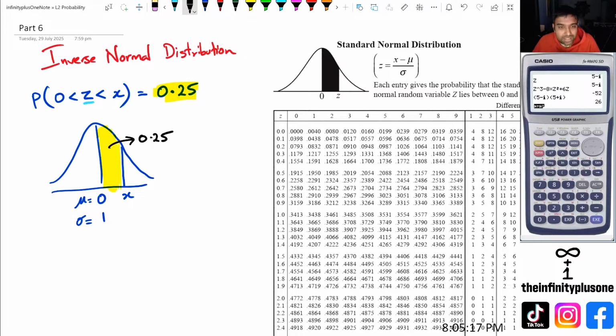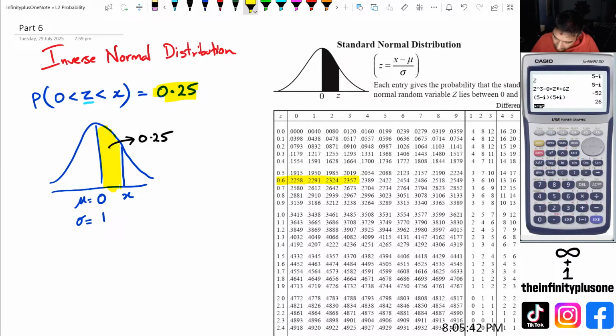So anyway, we want to look for this x value where the probability is 0.25. What you have to do is go into this table and figure out where 0.25 is. I can see it's going to be somewhere in the 0.6 line.